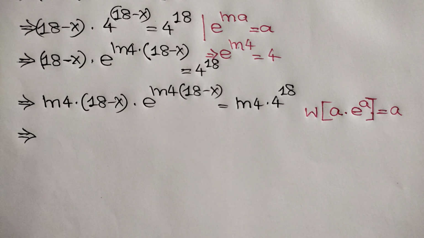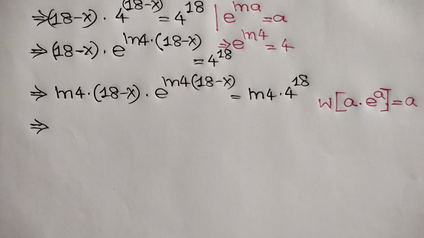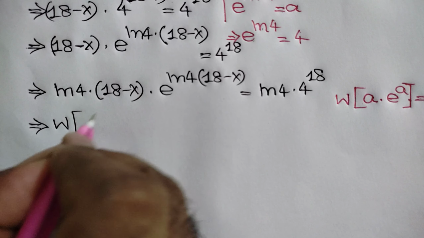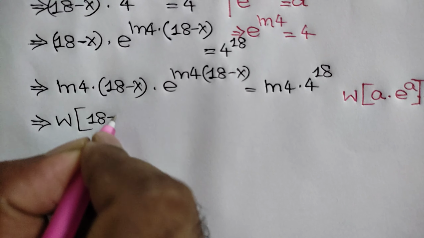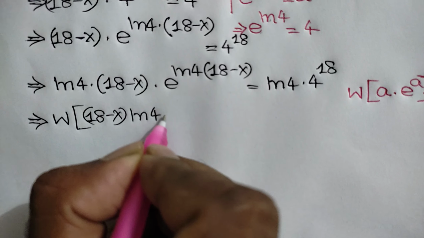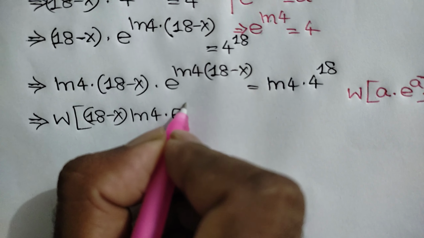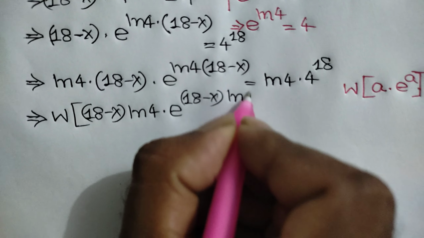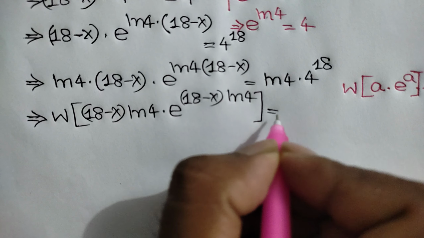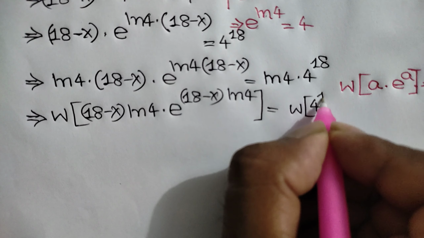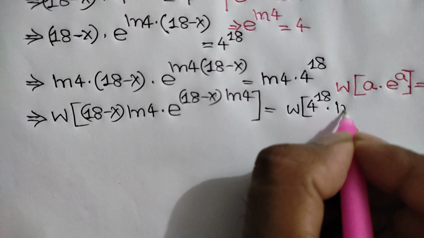So now taking the Lambert W function on both sides, we can write W of 18 minus x times ln of 4 times e to the power 18 minus x times ln of 4 is equal to W of 4 to the power 18 times ln of 4.